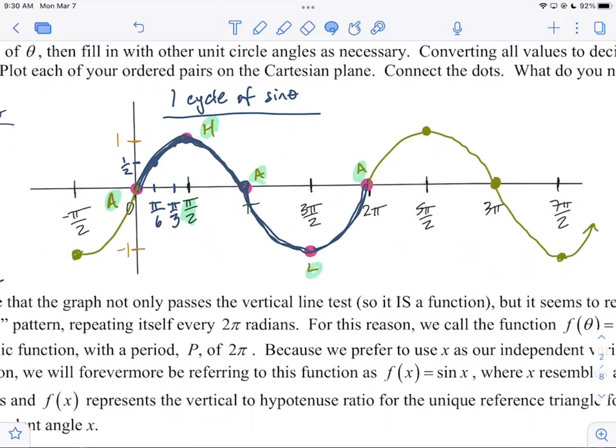Every 2 pi radians, I could take the axis, high, axis, low, axis stamp and just go stamp, stamp, stamp, stamp, right? And I could do that indefinitely forever and ever. And then I can actually run the tape backwards, and I can go to negative land, stamp every 2 pi, stamp every 2 pi. So this is the main piece of the graph of sine of x.